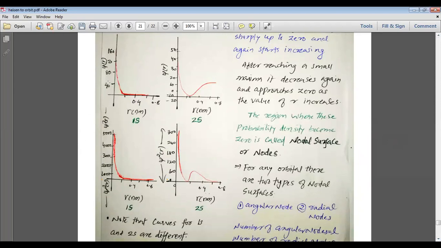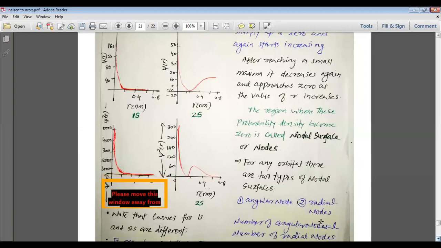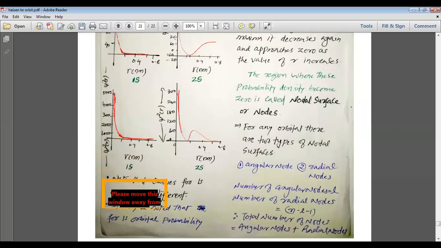The first graph is psi r versus r, and the second graph represents psi square r for the 1s orbital. In the same way, for the 2s orbital we have the right side graphs, psi r versus r and psi square r versus r.